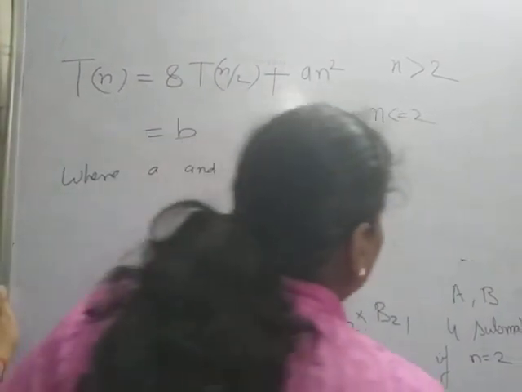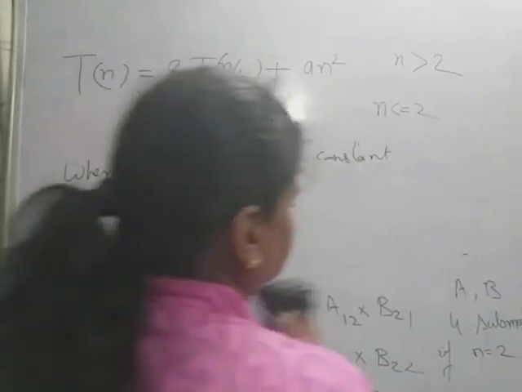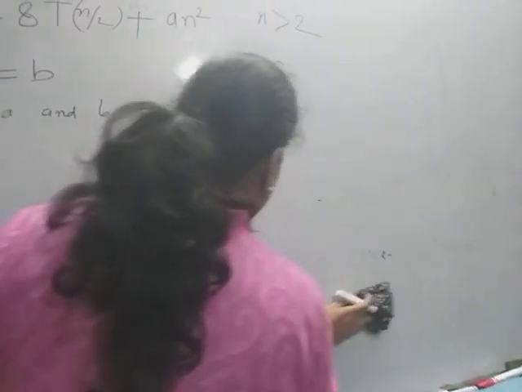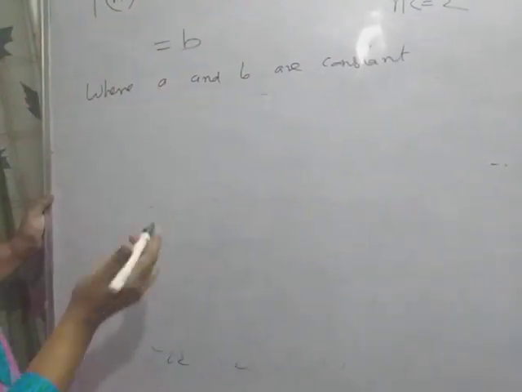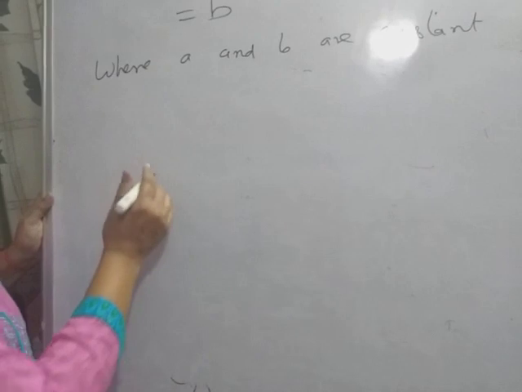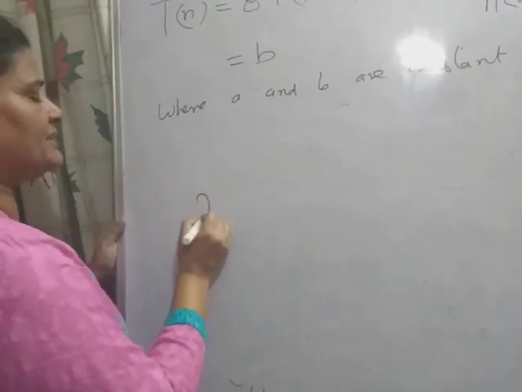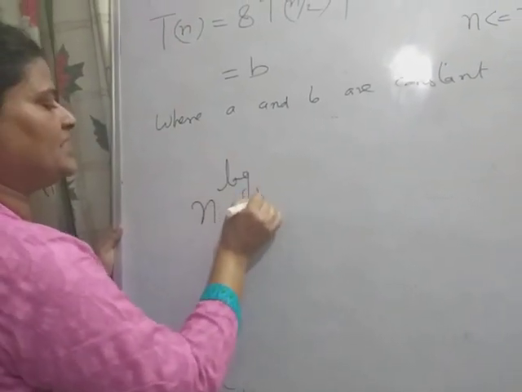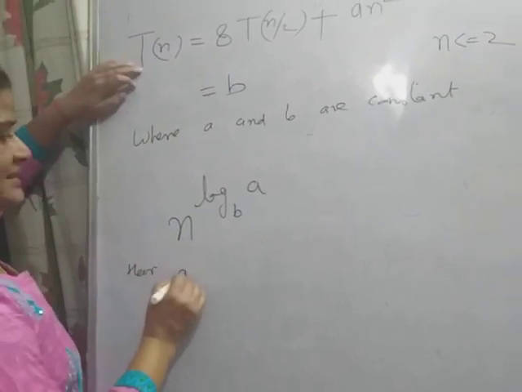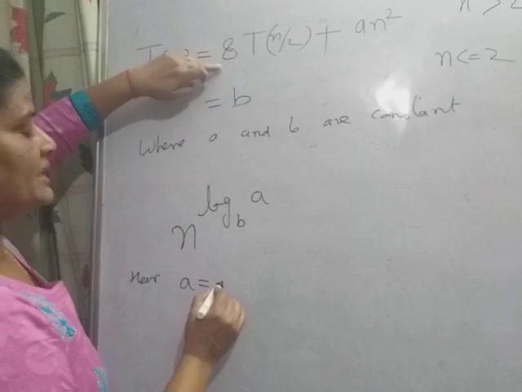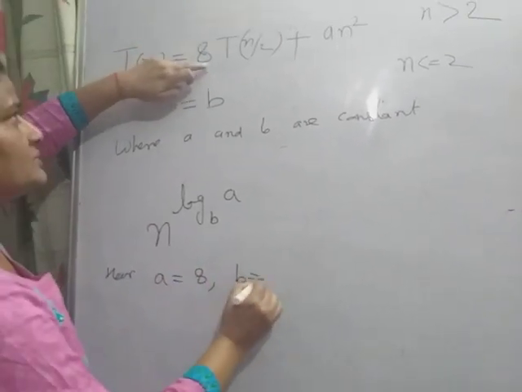Okay, so if we solve this simple recurrence relation using the Master theorem, first we have to compute n to the power log b a, and in this recurrence relation a equal to 8 and b equal to 2.